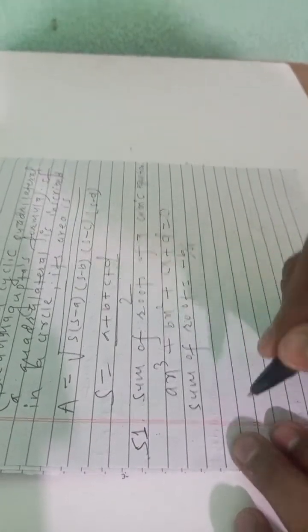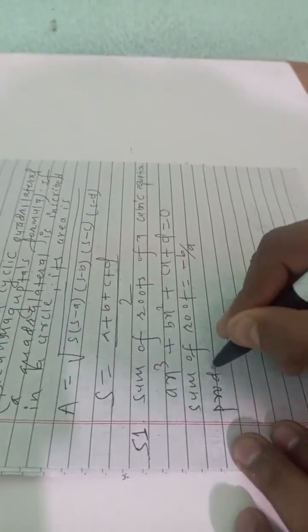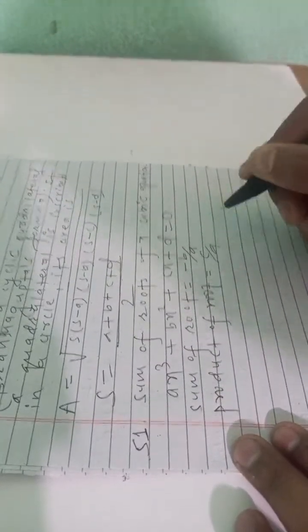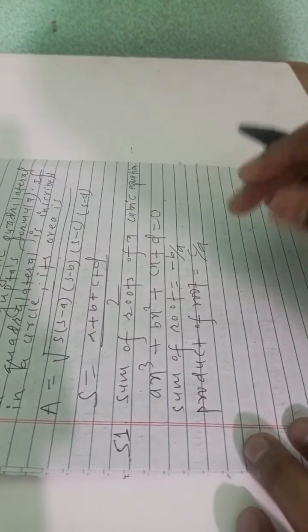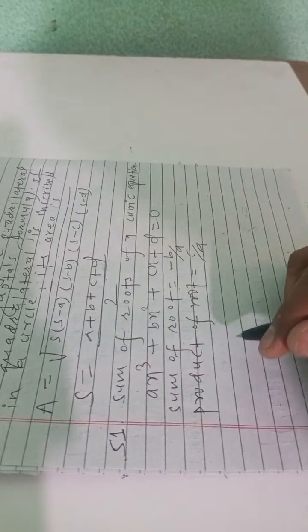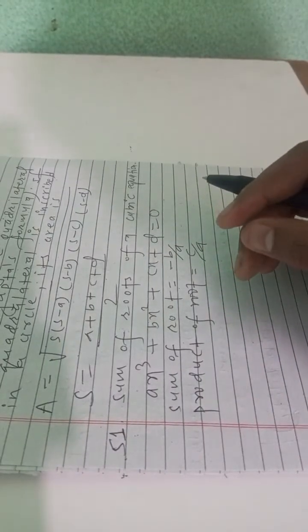Product of roots: you have to know the product of roots. The sum of the product of roots taken two at a time is c by a.